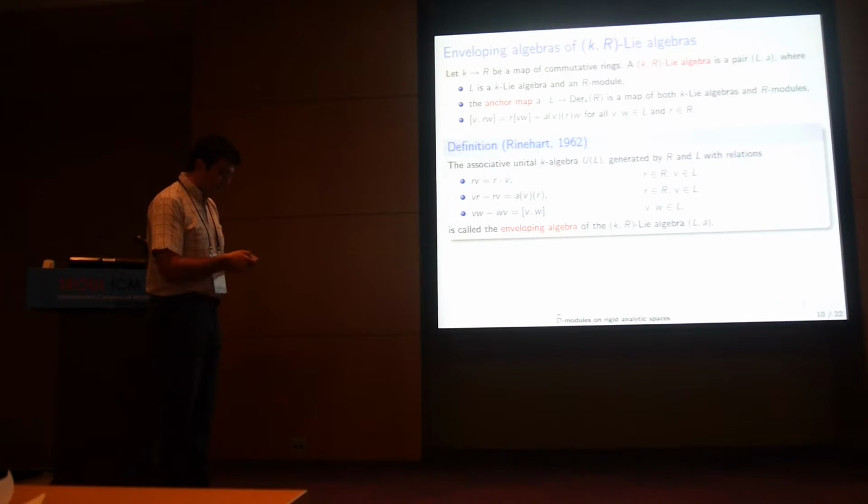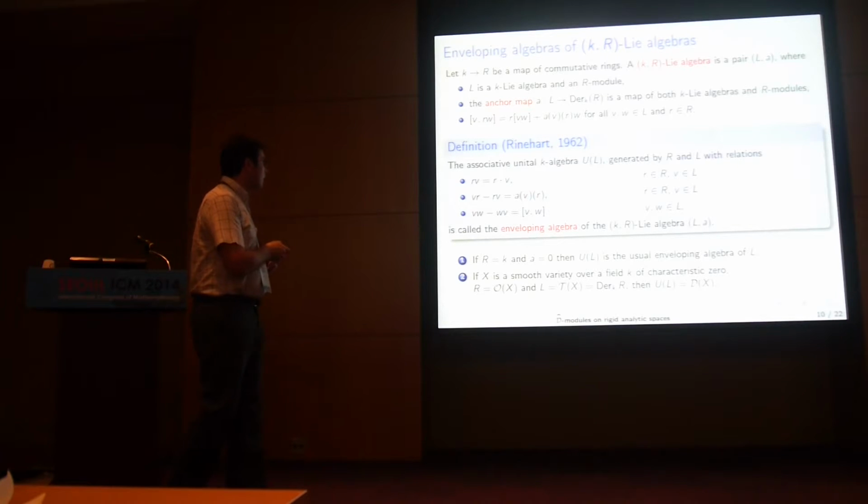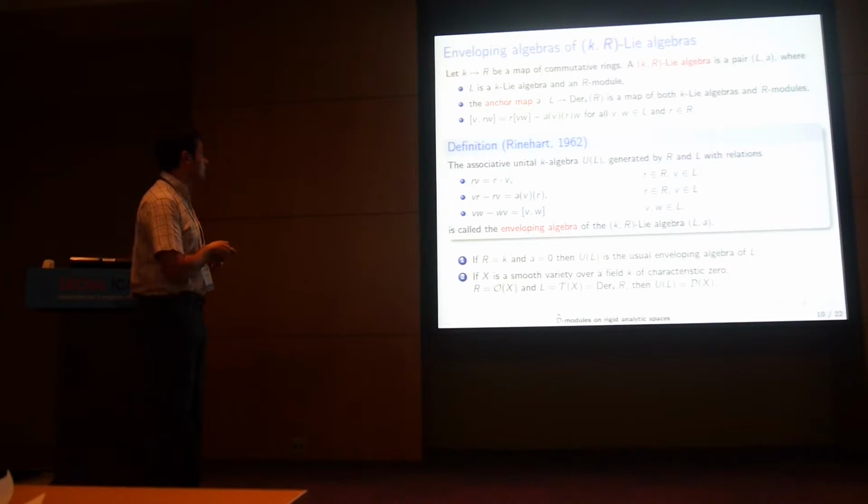It has a nice universal property, which I shan't bother to spell out. These are the main two examples. So if your two rings in the start of this construction were equal, if R was K, and the anchor map was 0, there's no action, then this is just the usual enveloping algebra of the Lie algebra L. L could be infinite dimensional.